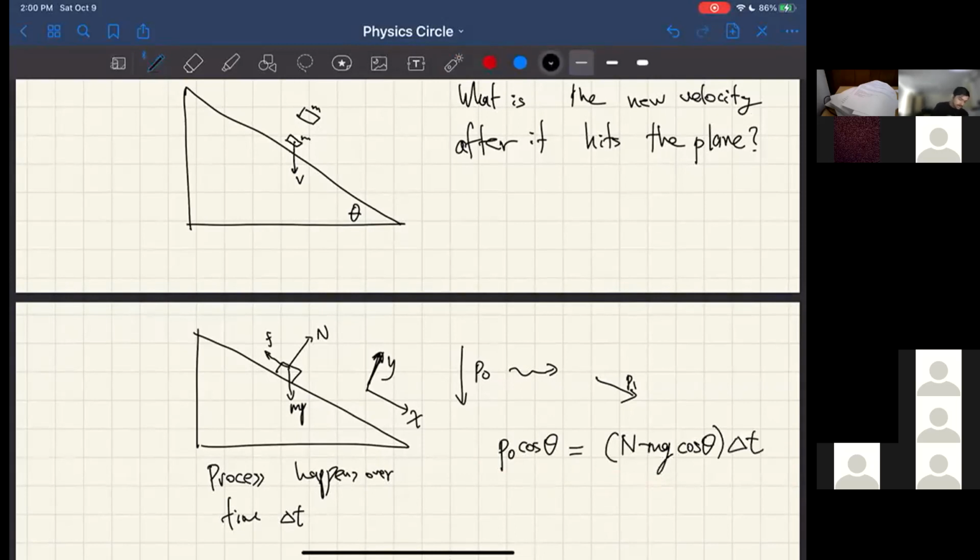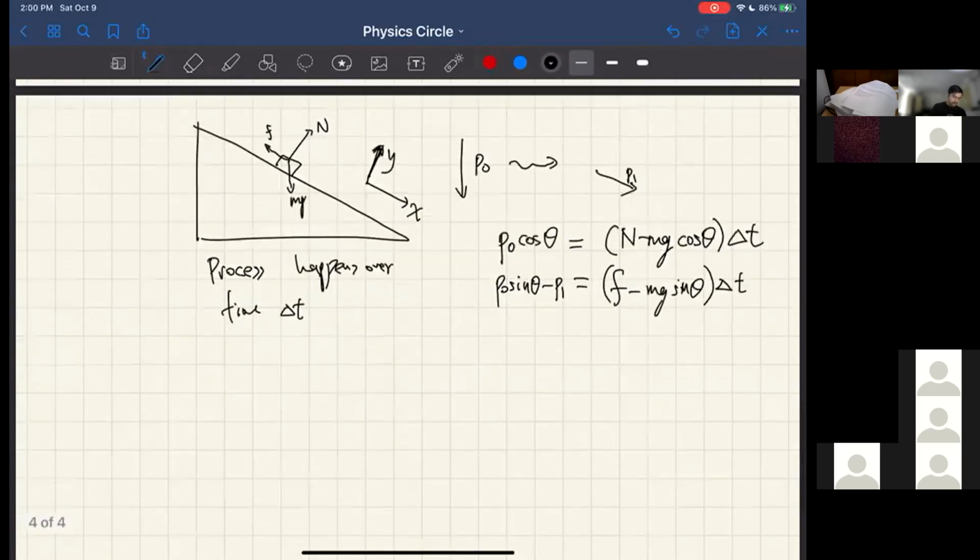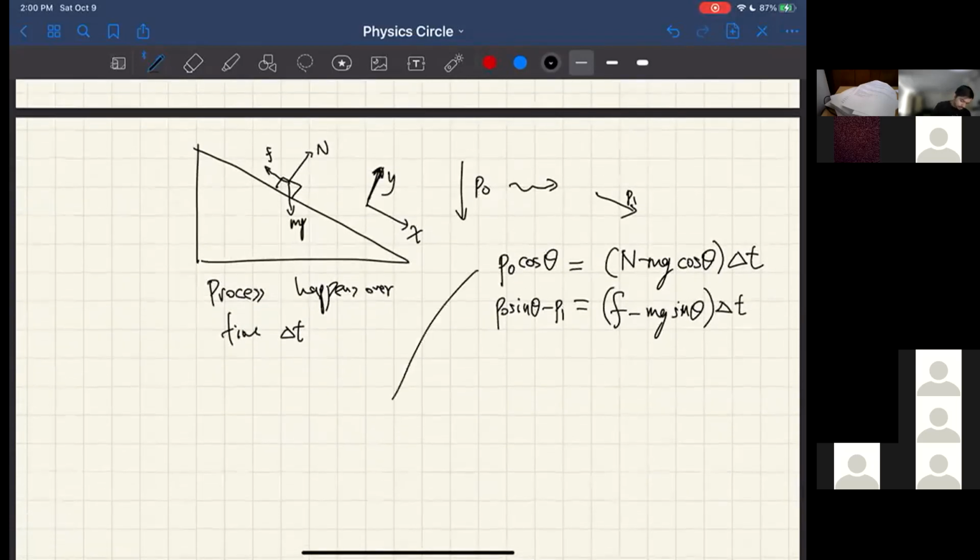And the equation about the x momentum is saying that p0 sine theta minus p1 equals... this is y momentum change, and this is x momentum change.